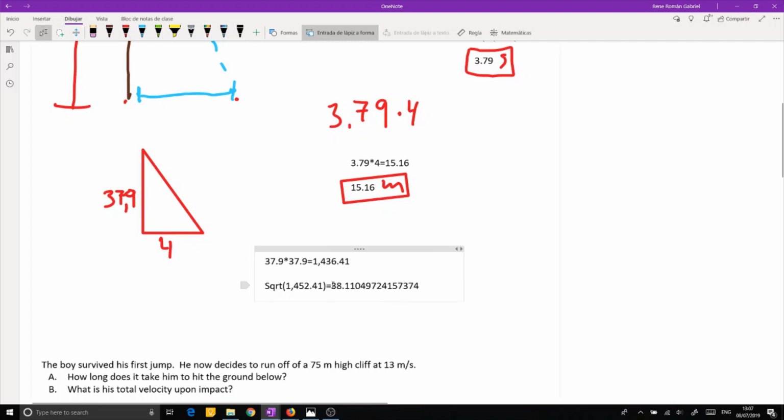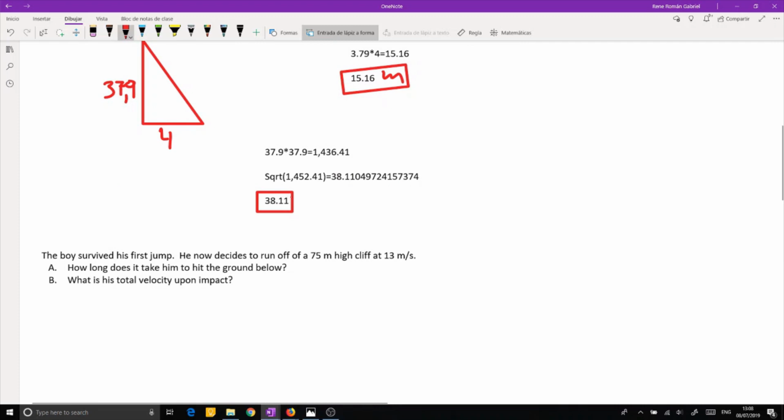And that would give us 38.110497241573734. So we just round it, so that it's not so long. And that would give us our answer. And again, positive because it's speed, not velocity. Meters per second.